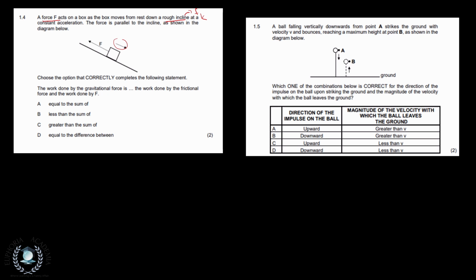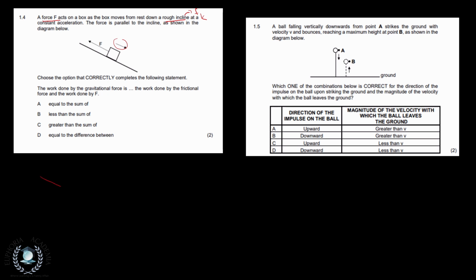All right, so we have to choose the option that correctly completes the following statement. The work done by the gravitational force is equal to, less than, or greater than the sum of, or equal to the difference between the work done by the frictional force and the work done by the force.